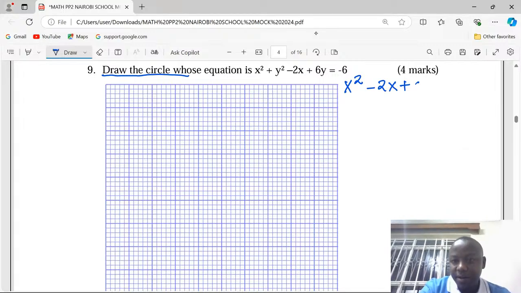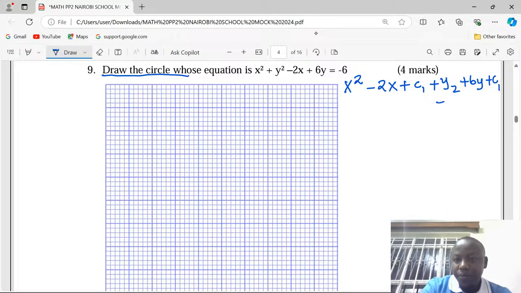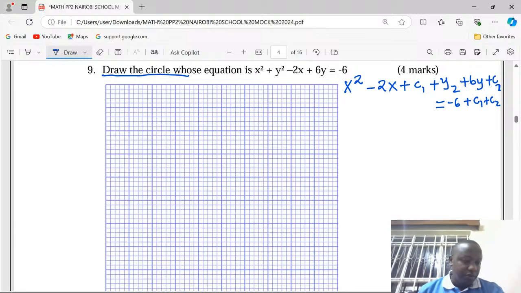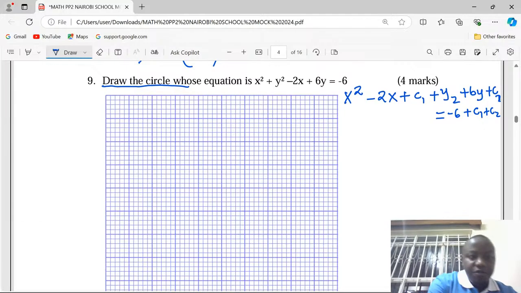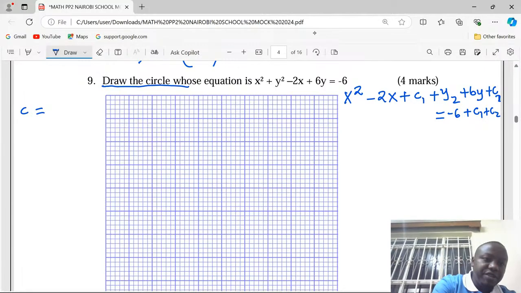You can call it constant C1, because when we start with y squared and we add 6y, we should also add another constant, which I call C2, so that now when we go to the right-hand side, we shall have -6 plus both constants, C1 and C2. So the two constants will be added. It's good for you to know that C in a perfect square, where the coefficient of x squared is 1, is given by the value of b divided by 2 squared.